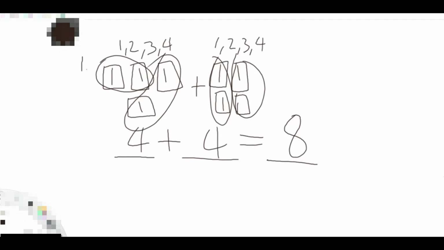So there's 4, so you add 2 plus 2 plus 2 plus 2. You could add these first, which is 4. This might be a little more advanced way, but still. And you could add these two, 4, and you add these, boom, 8.